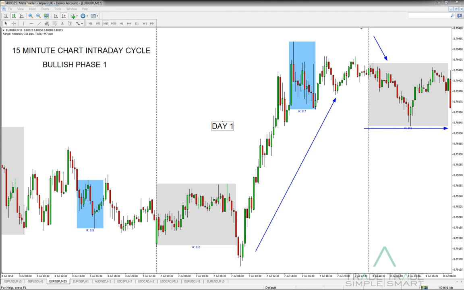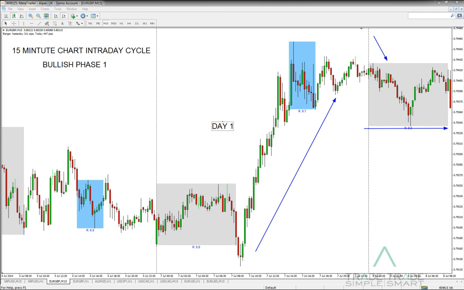Okay, because we know that the market is moved in 3 phases. We've identified phase 1. We're looking to trade in line with the market maker trend in phase 2. So our directional bias should be to the buy side.